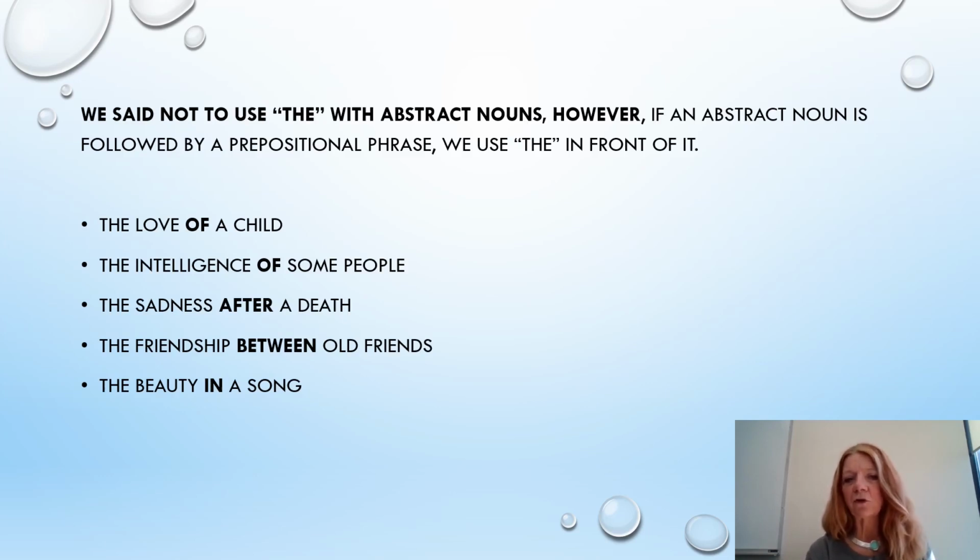These are the prepositional phrases. They are preceded by the abstract word, and those abstract nouns are preceded by the article the. So the love of a child, the intelligence of some people, the sadness after a death, the friendship between old friends, and the beauty in a song.